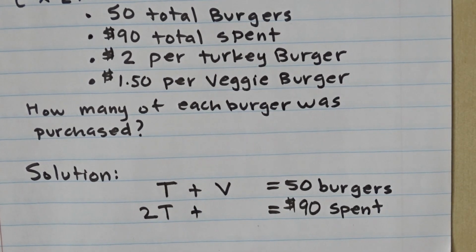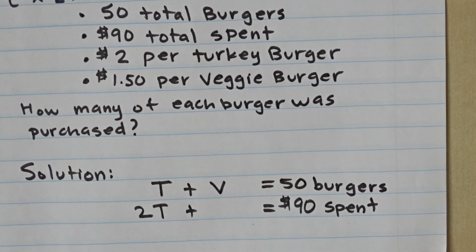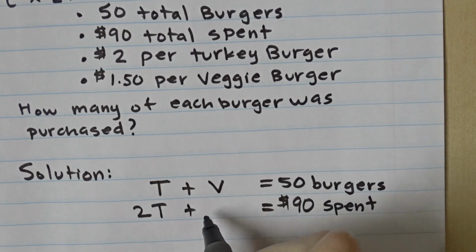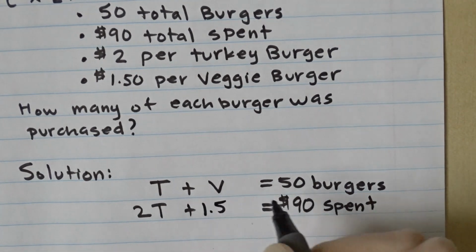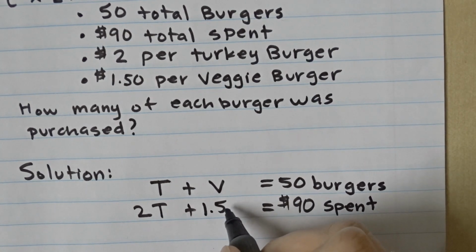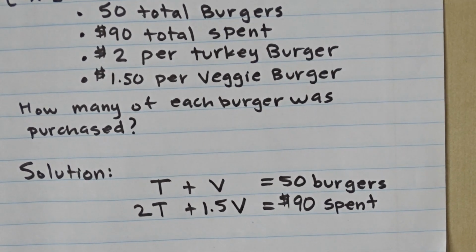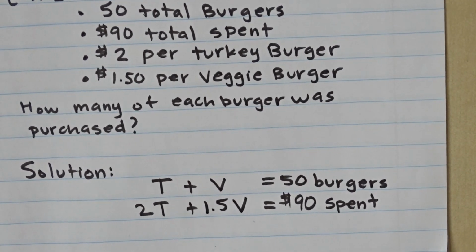Plus, what expression would represent the money spent on just veggie burgers? And we're thinking 1.50V. I could put the 0, but because this is going to be in our calculation, we'll just put 1.5V, which still represents $1.50, okay? So why?